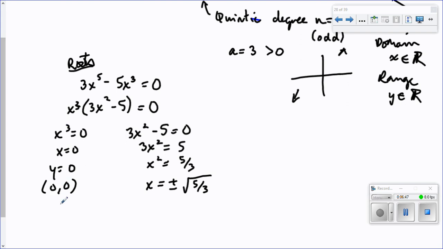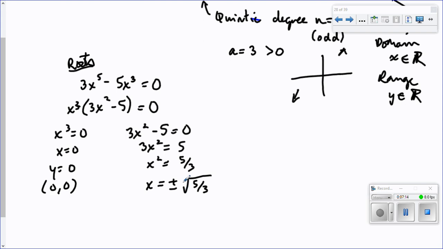So the triple root goes through the origin here and flattens through. It operates like a cubic, so it's a triple root and it sort of goes through and bends. Double roots bounce, or single roots go through. This happens to be a single root at positive root 5 over 3, and another single root at negative root 5 over 3.